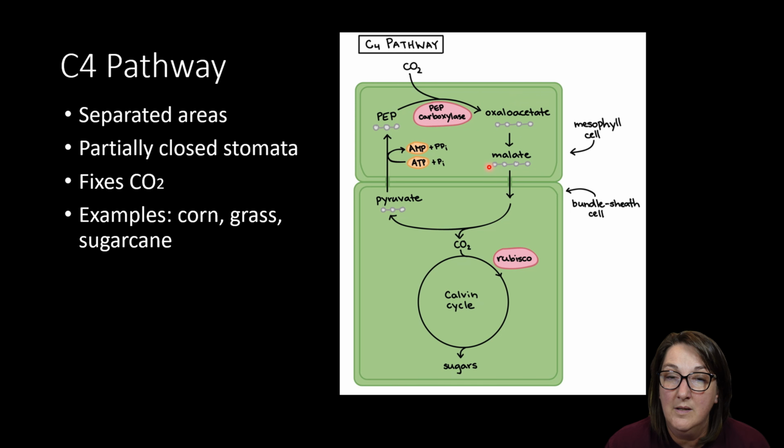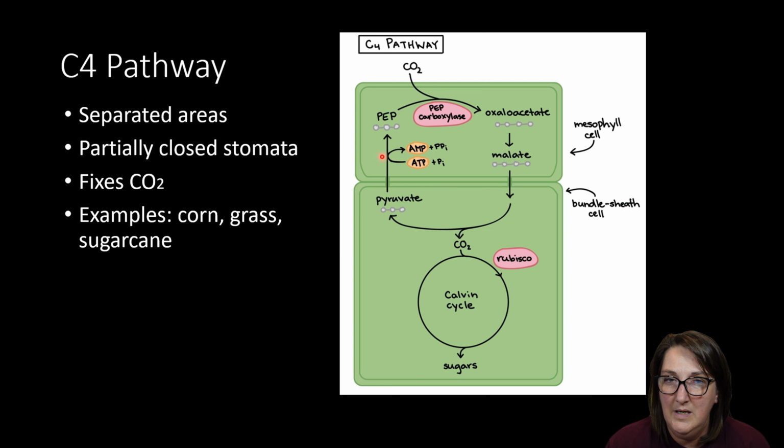Later on, when the plant needs it, it's able to take this molecule that has the carbon dioxide fixed to it, pulls it in, and is able to pull that carbon dioxide off that, and rubisco is able to work it. This malate then loses this carbon dioxide and turns into pyruvate.